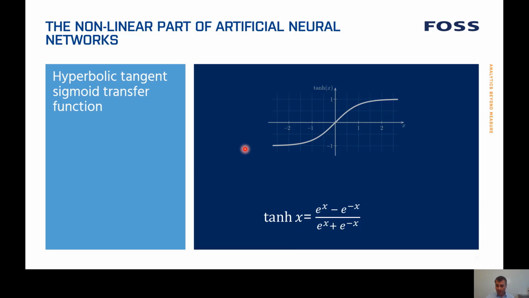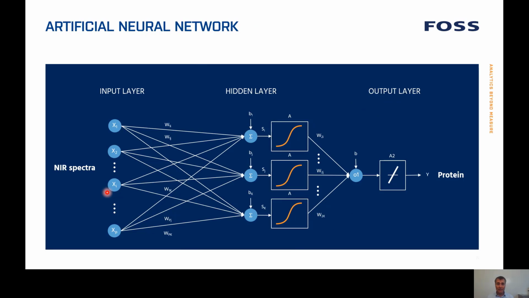And the architecture that we have built this transfer function into looks like this. We have some input, which are the NIR spectra. We have some hidden layers here, the neurons with the nonlinear transfer function. In this case, we have 3 hidden neurons in the hidden layer.